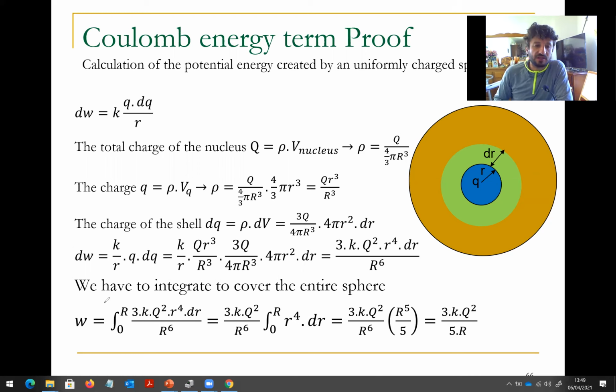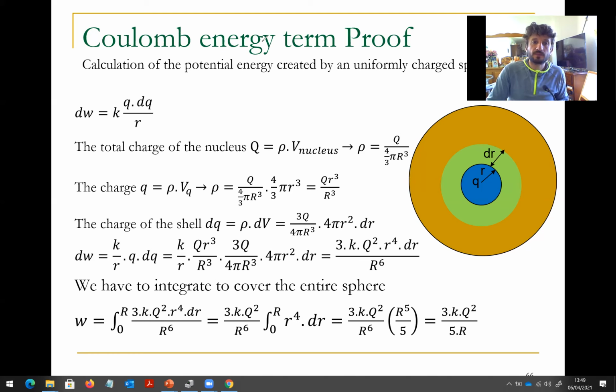You get finally ω equals 3kQ square divided by 5R. This is the total potential energy, the total work needed to construct or to form this nucleus by the positive charges, protons. This is the final answer.